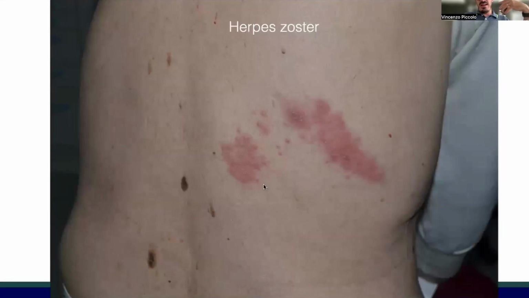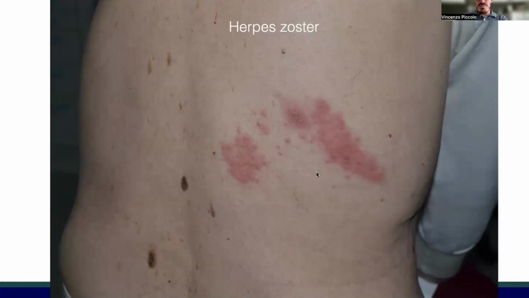Herpes zoster, again an infection, usually affects the elderly, but it can affect all age groups, with these vesicles that are grouped together, associated with erythema, and typically you see them disposed in a linear metameric fashion, associated with a neurological discomfort experienced by the patient himself.